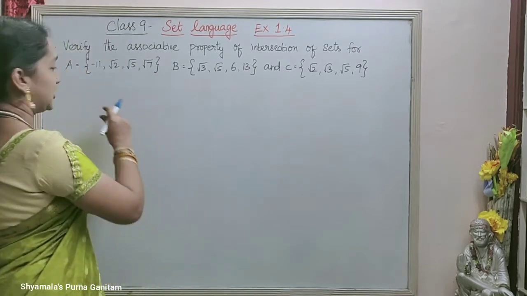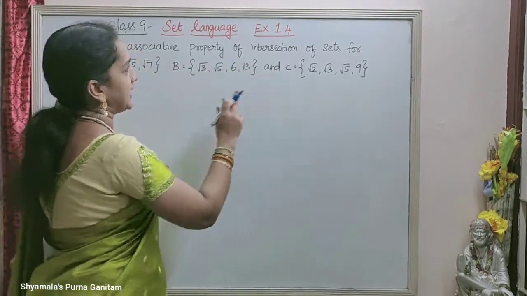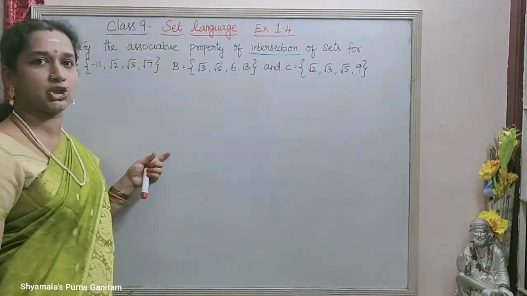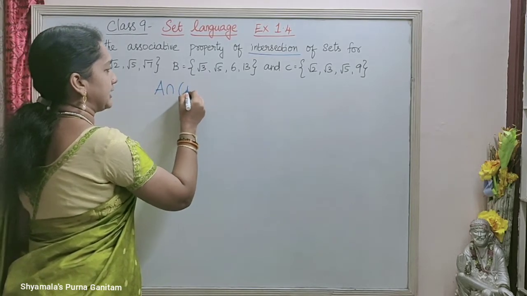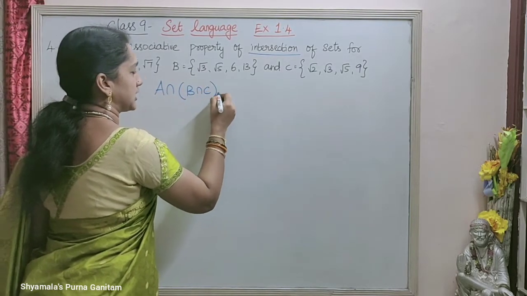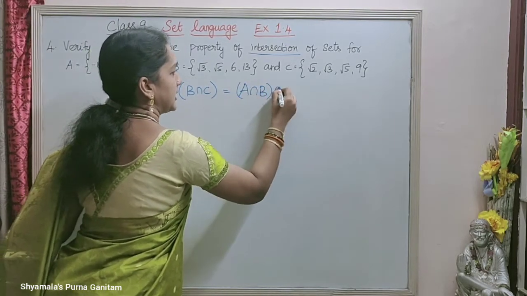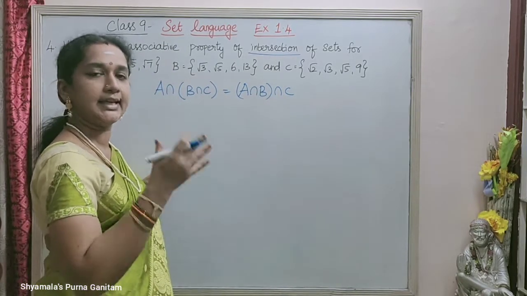That was the third sum. Next sum, the fourth one: verify the associative property of intersection of sets. The associative property is A intersection (B intersection C) is equal to (A intersection B) intersection C. If you are finding the intersection of three sets, it will be equal.